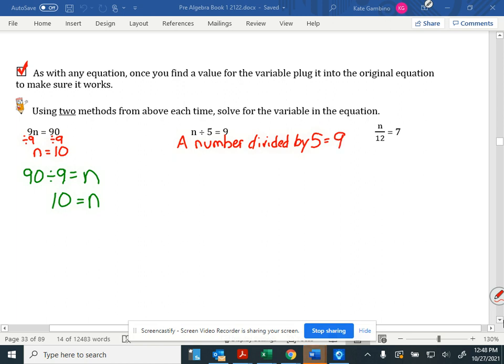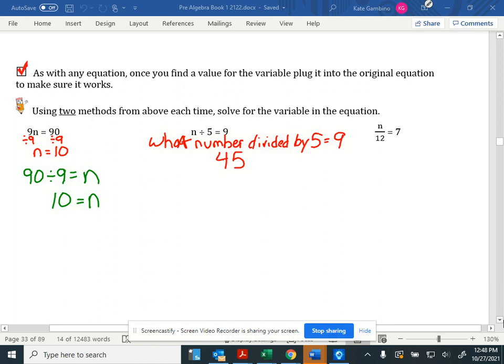So what number? Because it should be a question. What number divided by 5 equals 9? So you can just ask the question of yourself. Could you answer that question, Paul? What would your answer be? 45. Let's see if we can solve it a different way and if we get the same answer.